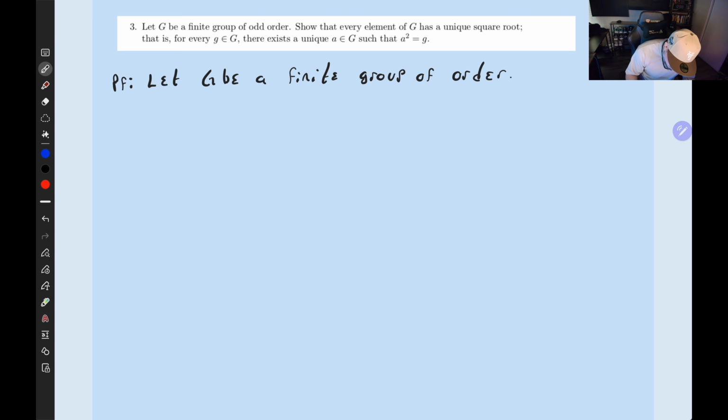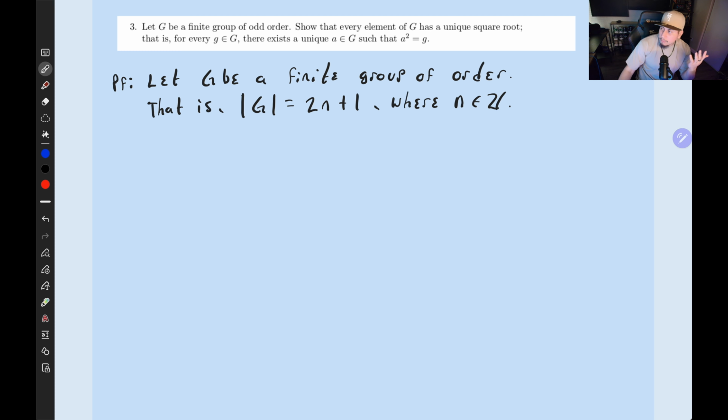Since G has odd order, we can find a way to express the order of G. We can write the order of G as an even number, 2n, plus 1, where n is some integer.